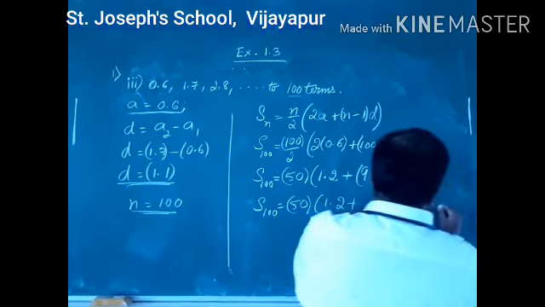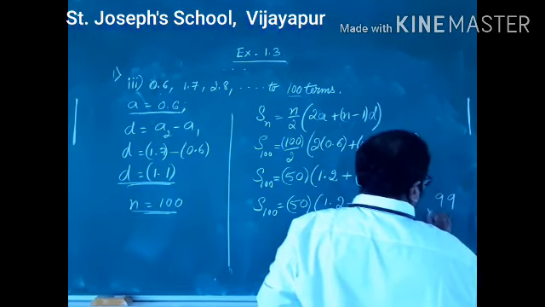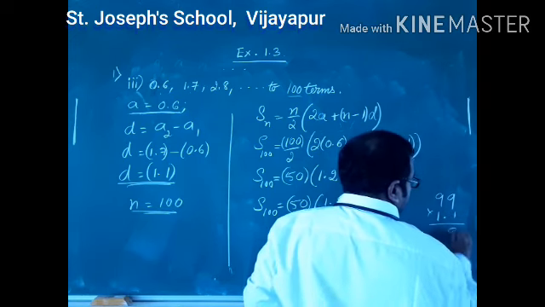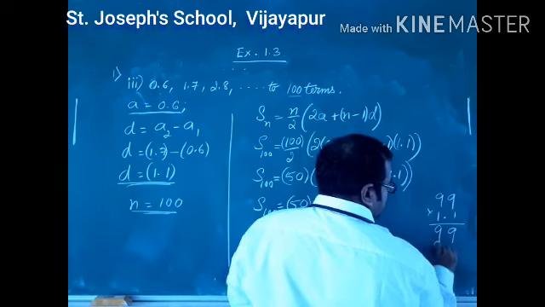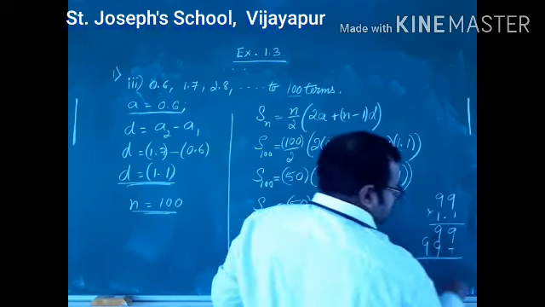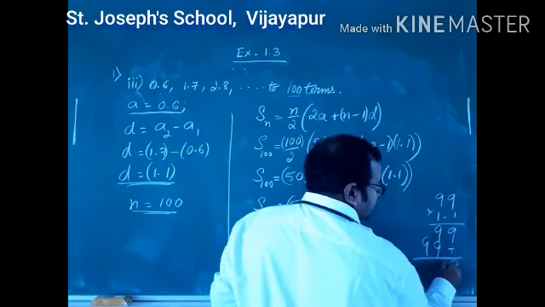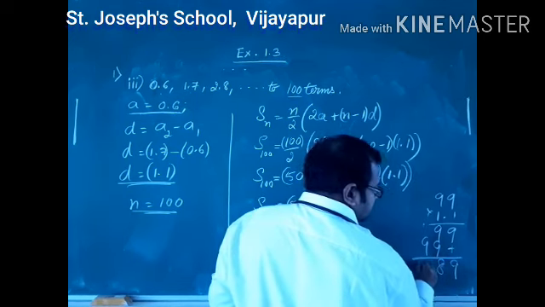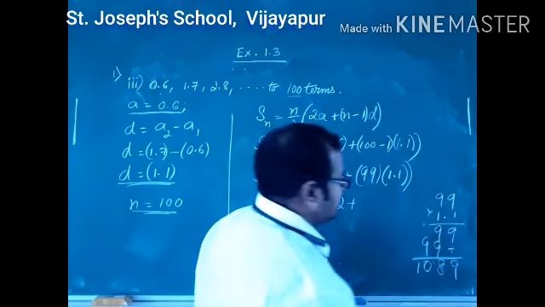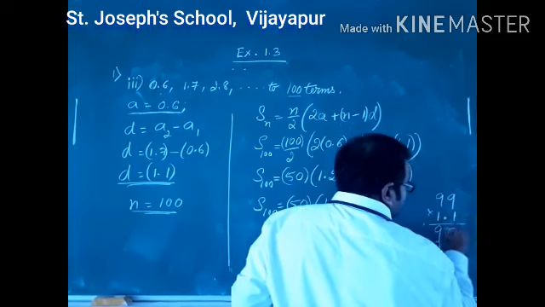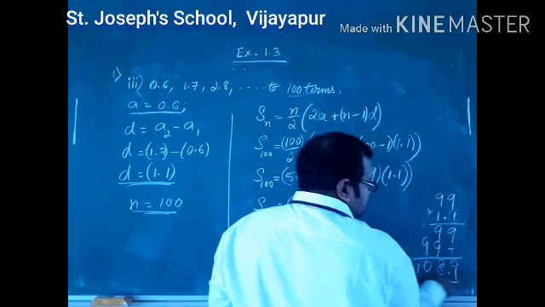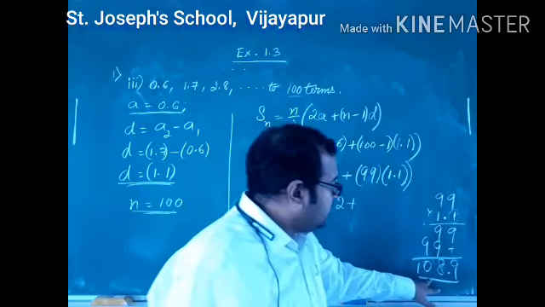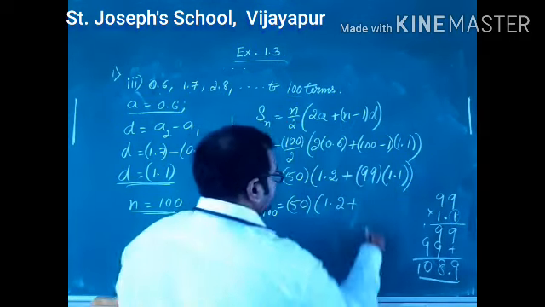Let's do the multiplication of that. 99 into 1.1: 99 into 1 is 99, then 1 into 99, again 99. So the sum will be 9. 9 plus 9 is 18, 1 carry, 9 plus 1 is 10. We got 1089. Now the decimal place: after the decimal point there is one number, so after one place we put the decimal. So it is 108.9.